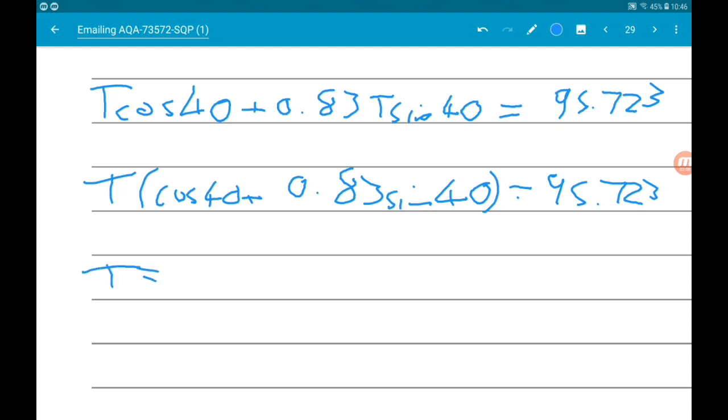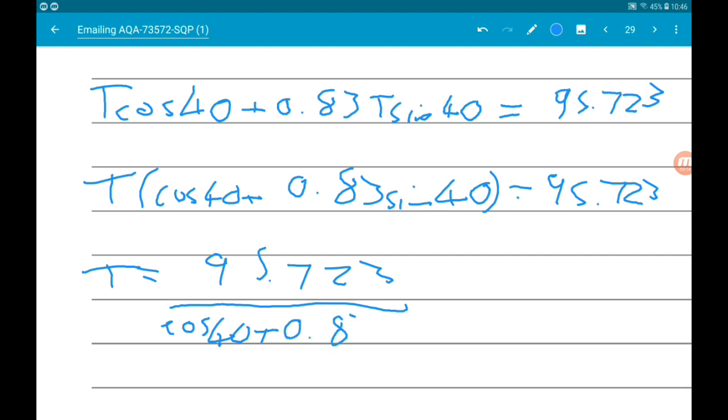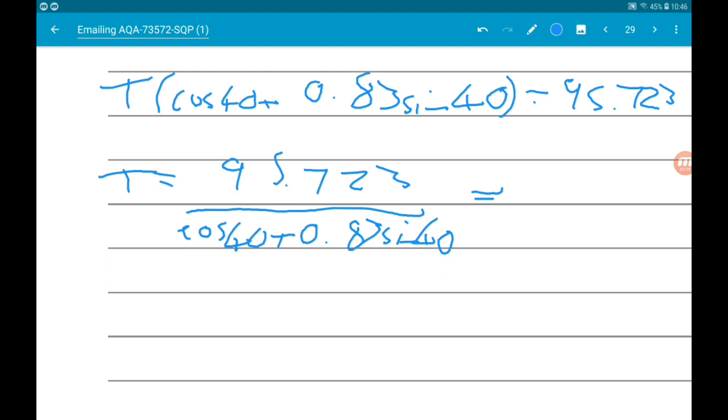T is 95.723 over cos of 40 add 0.83 sine of 40, which to two significant figures gives us 74 newtons. Oh, horrible question. I'm going for a lie down.